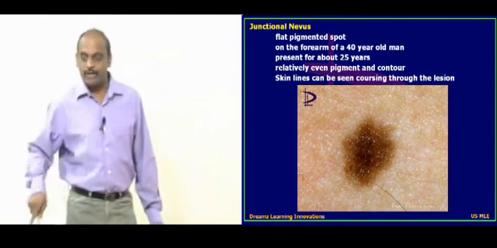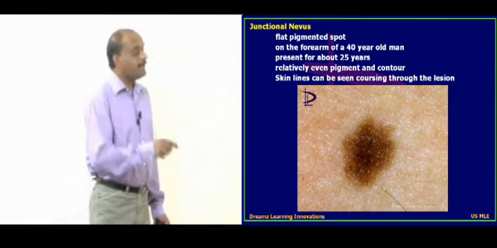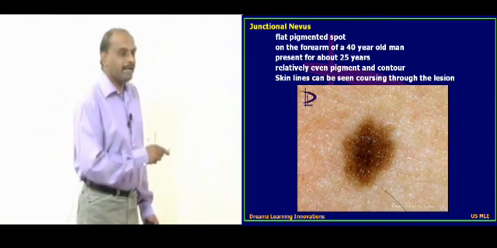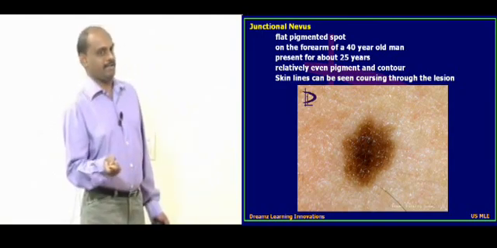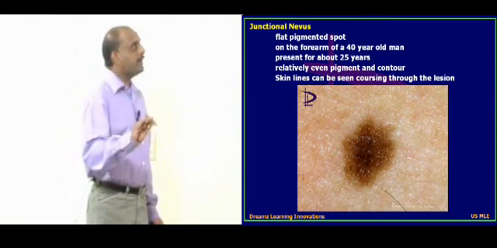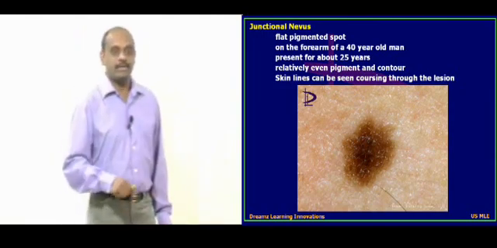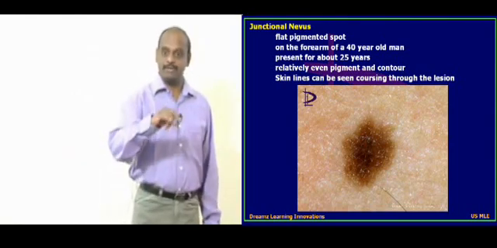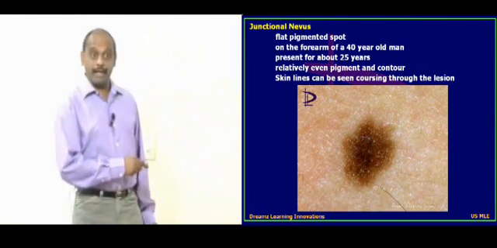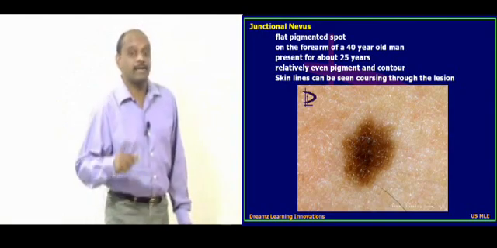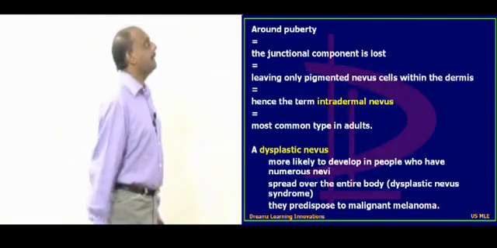It is not an irregular contour, and it does not have any variegated appearance, that is, somewhere more thick, somewhere less thick. Such kind of appearance is not there. So a uniform color and uniform contour characterize a junctional nevus, which is flat, which is not raised. The moment it becomes raised, you need to worry, and you need to go for a cancer screening, is what you need to remember.